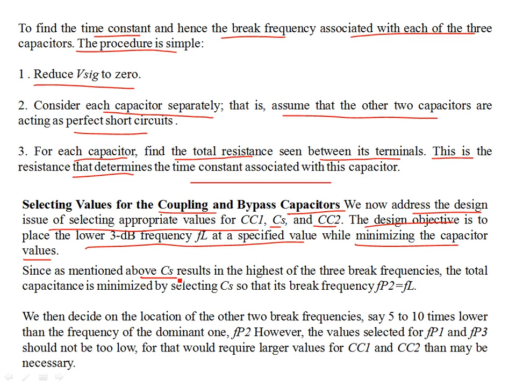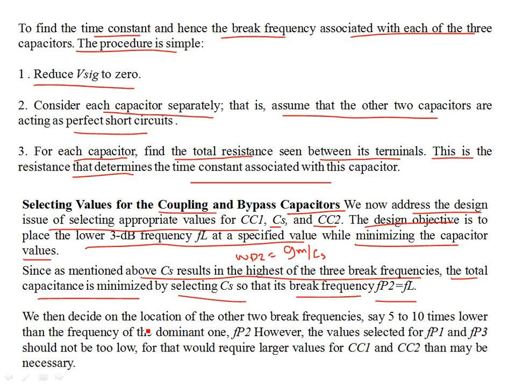As mentioned, the bypass capacitor's break frequency is the highest of the 3, because omega P2 depends on the transconductance gain GM, given by GM over CS. So the bypass capacitor is very effective in determining the 3 dB frequency. The total capacitance is minimized by selecting CS so that its break frequency FP2 is FL.